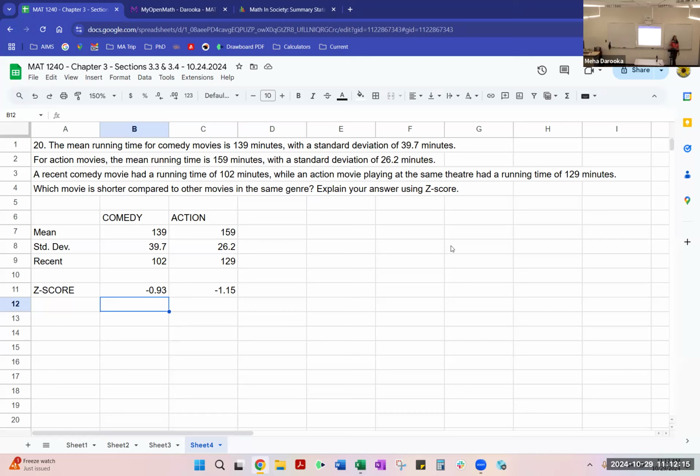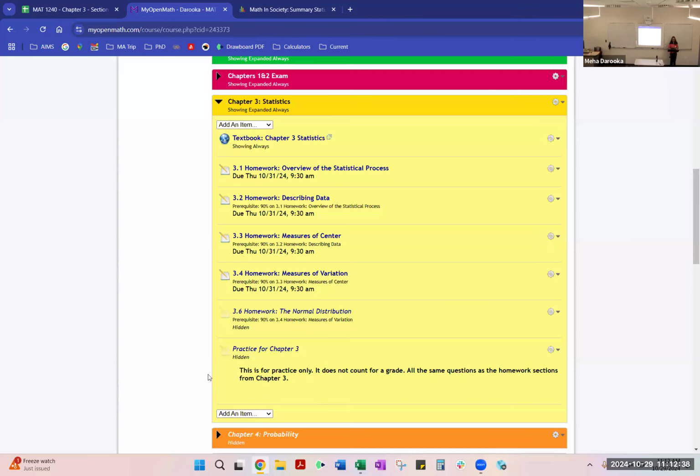So the action movie compared to its average is actually quite a bit shorter than what it would normally be for its genre. So yeah, very good. Action movie is shorter than its genre. Perfect, very nice.